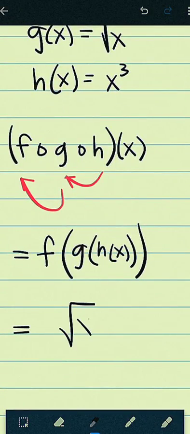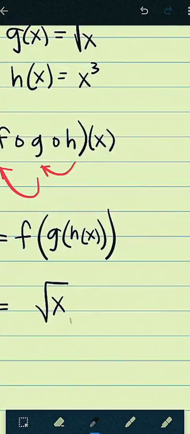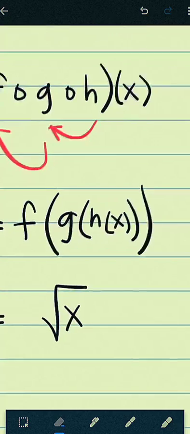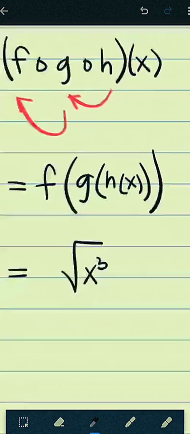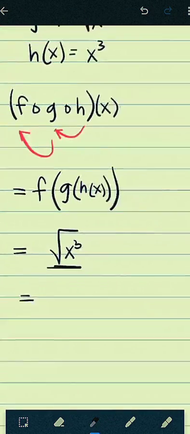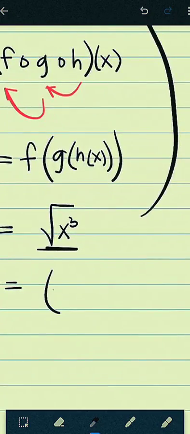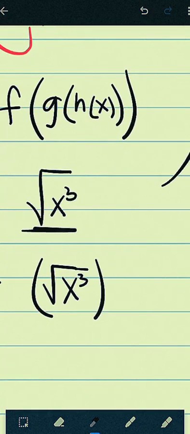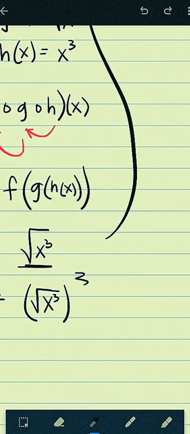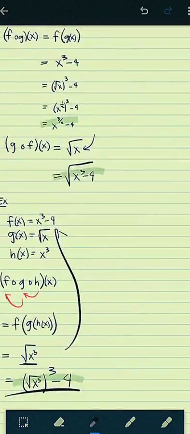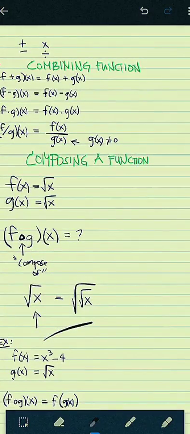Since g is square root of x, put here what h of x is, which is x cubed. So I'm going to replace this x with x cubed. And this function, you now have to insert into f of x. So finally, we have square root of x cubed inside, then here, cube, minus 4. As simple as this. So that's how you combine and compose a function.